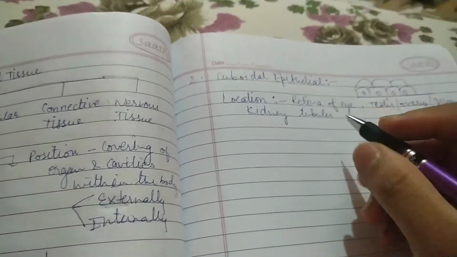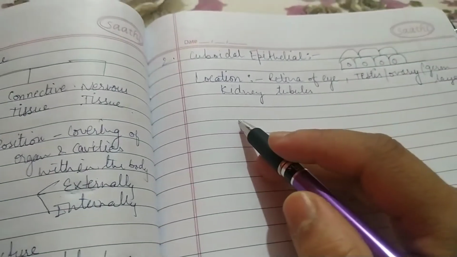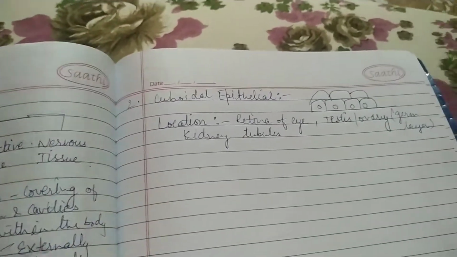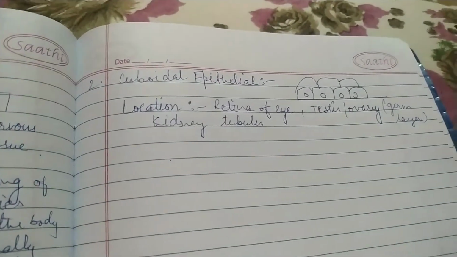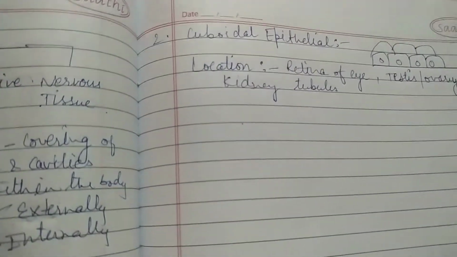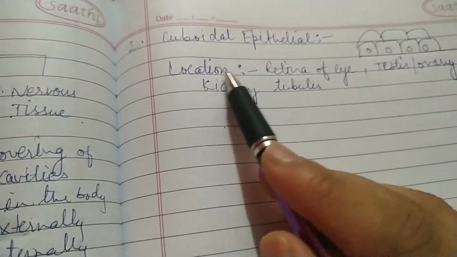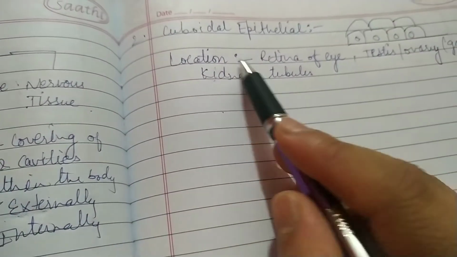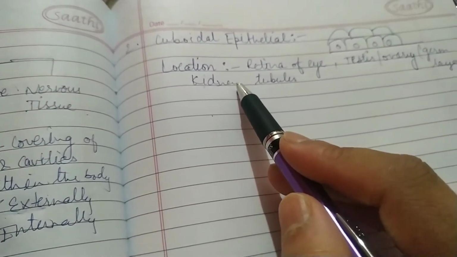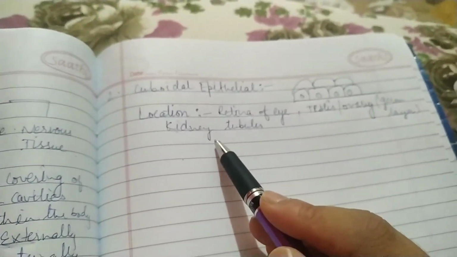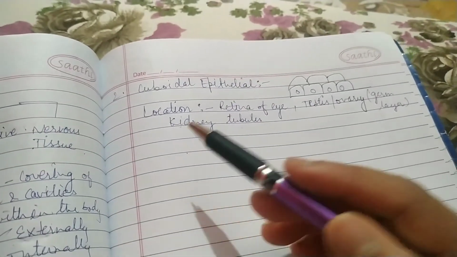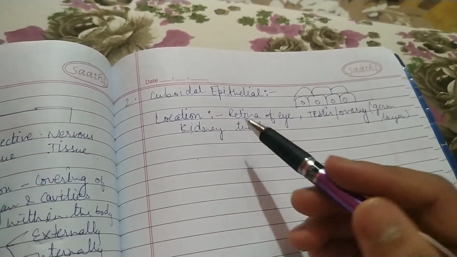So what are these kidney tubules? The kidney has units, the nephrons. There are lots of nephron-like structures in the kidney which help in the excretion process, which helps in the dialysis of blood.